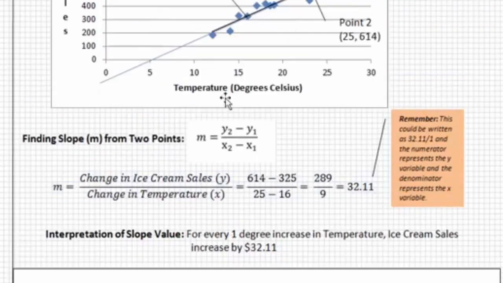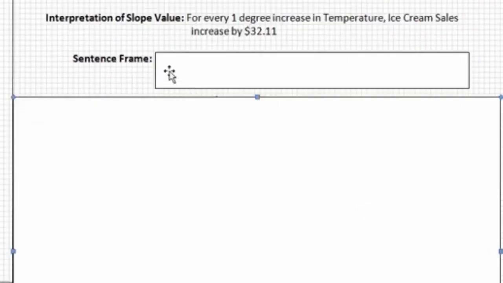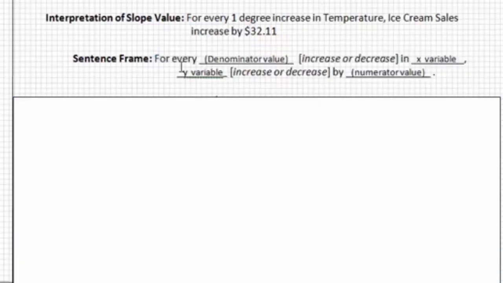So now that we've calculated slope, and please take a moment to make sure you have this all copied into your notes, we're going to now take a look at finding the y-intercept, and then interpreting that value. Before we do though, I do want to give you a sentence frame that you can use anytime you need to interpret the slope value, and it basically goes like this.